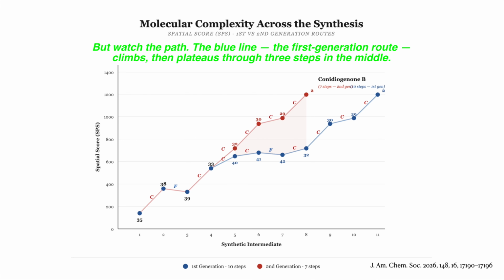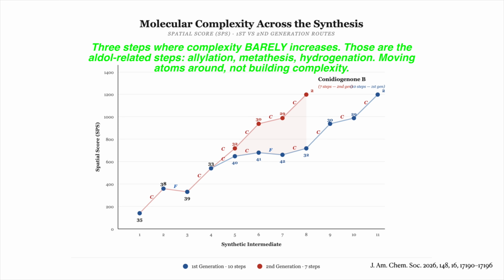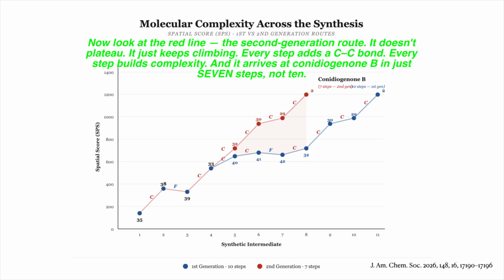But watch the path. The blue line. The first generation road climbs, then plateaus through 3 steps in the middle. 3 steps, while complexity barely increases. Those are the aldol-related steps: allylation, metathesis, hydrogenation, moving atoms around, not building complexity. Now look at the red line, the second generation road.